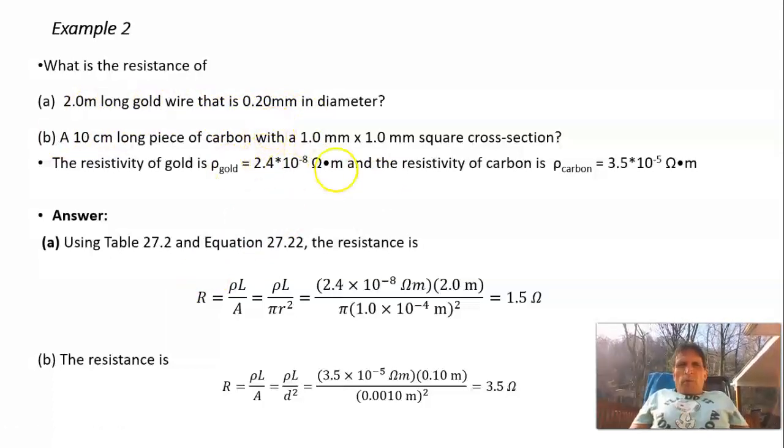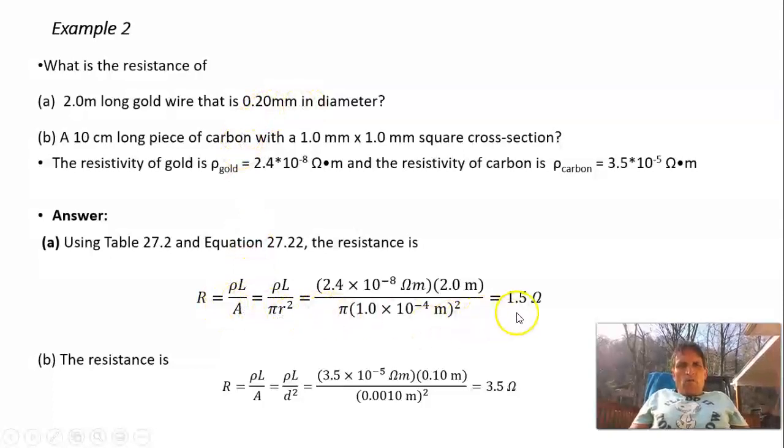You can look up in the table in chapter 27, I think table 27.1 or 2, that the resistivity of gold is 2.4 times 10 to the negative 8 ohm meters.